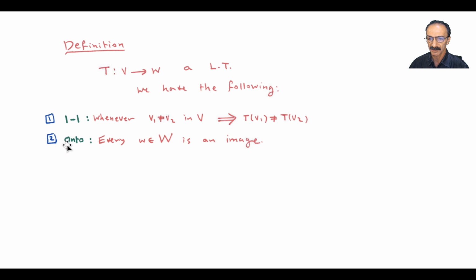Onto means every W, a vector in the vector space W, is an image of some element or input in V.